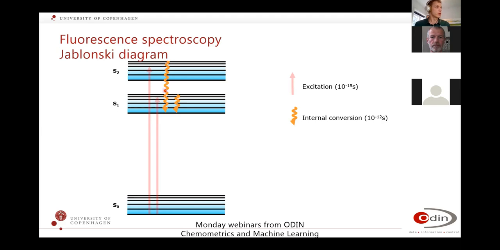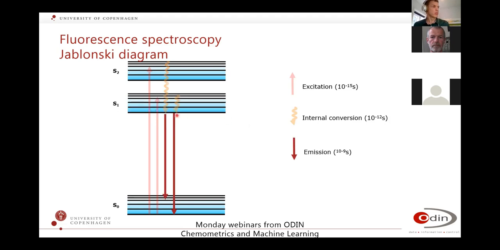Then once the electron is up here, it will go through internal conversion back to the lowest vibrational state of the S1. That's what you see here in the wiggly arrows. And you can also see that that happens fairly fast. Now, what we are measuring with fluorescence, that's going from this lowest S1 and back down to the ground state.